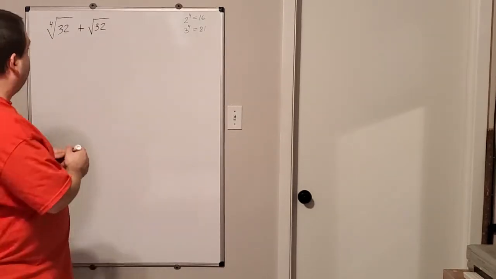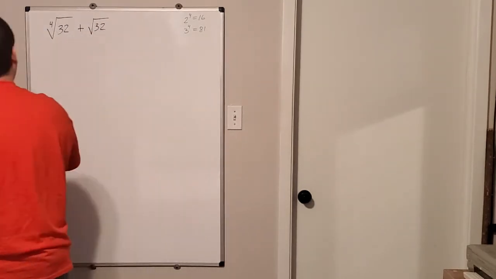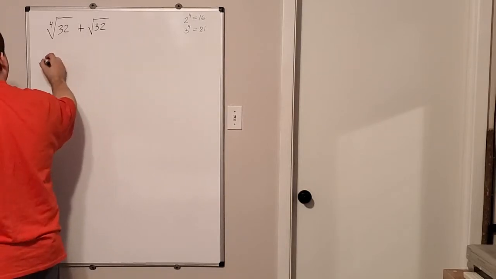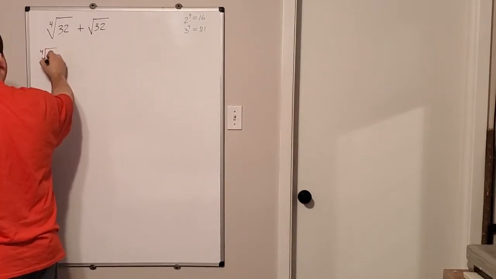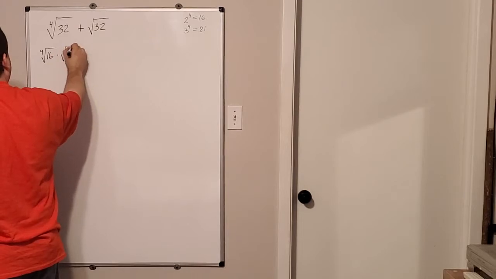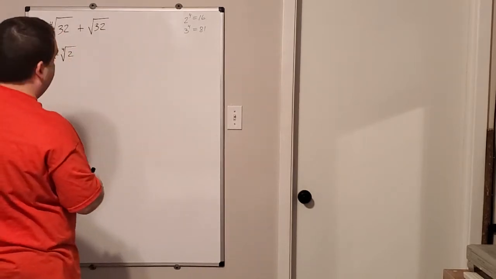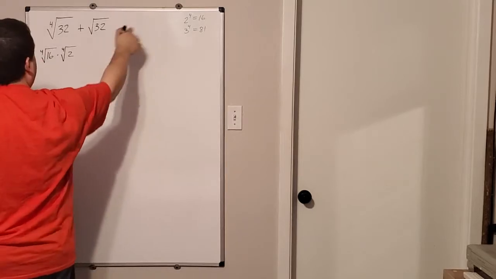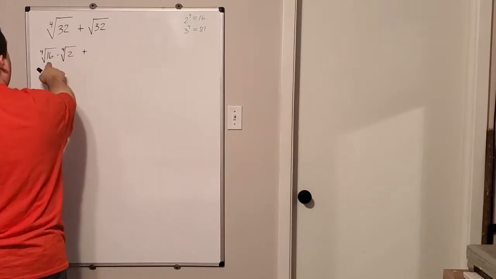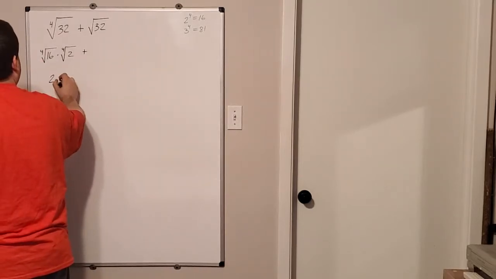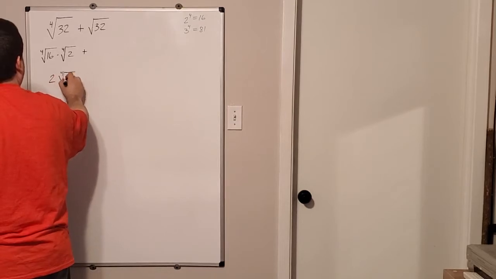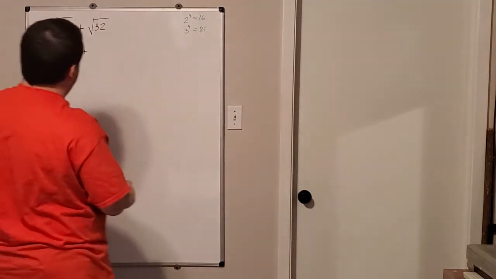So in this case, I'll be splitting this into the fourth root of 16 times the fourth root of 2, because 16 times 2 is 32. Then the fourth root of 16 we already know is 2. Fourth root of 2, like so.